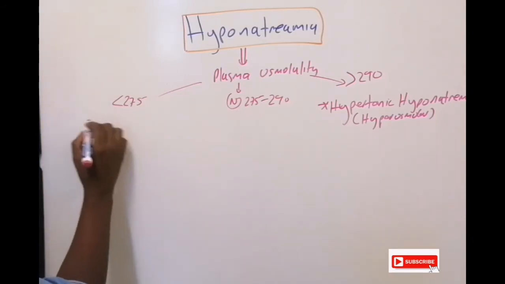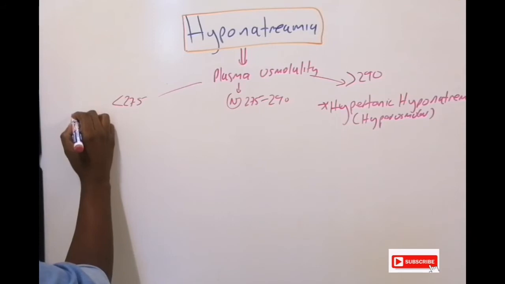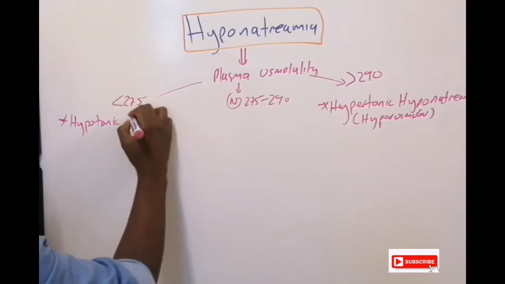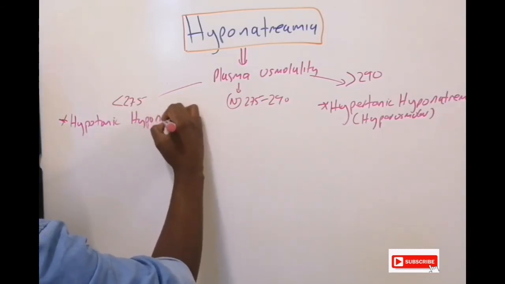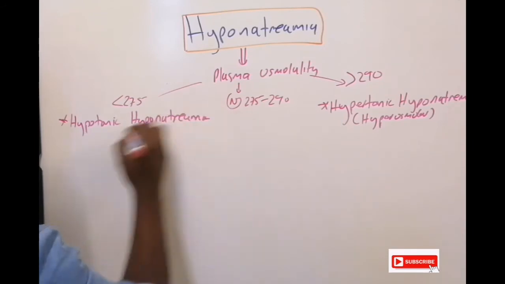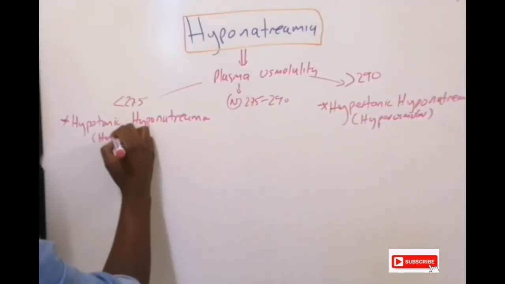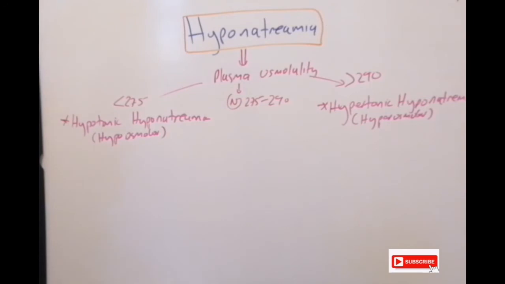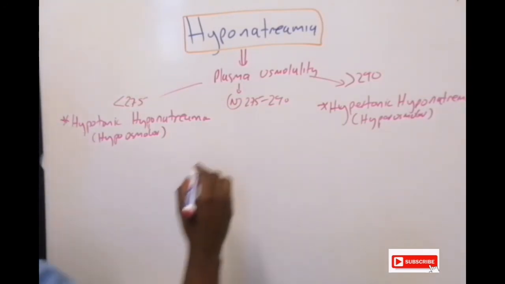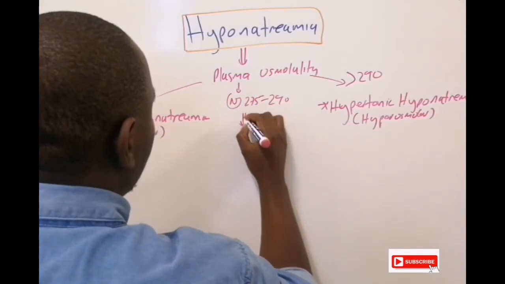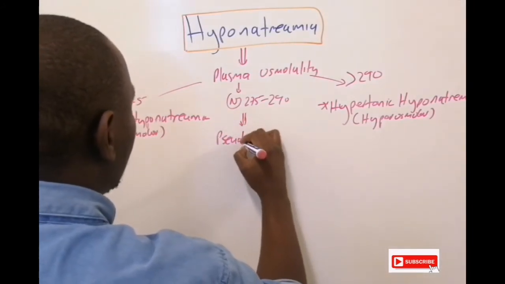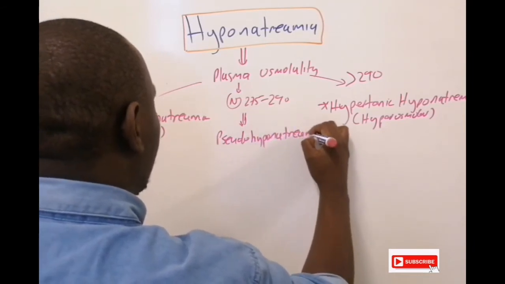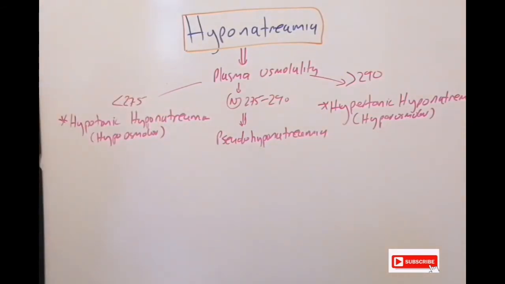On the other side, if it's less than 275, we call it hypotonic hyponatremia, or hypoosmolar hyponatremia. If it's normal, it's called pseudohyponatremia, right?